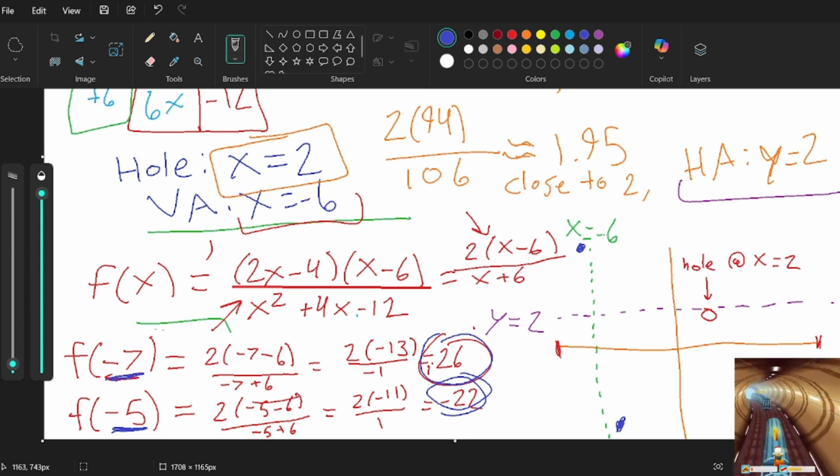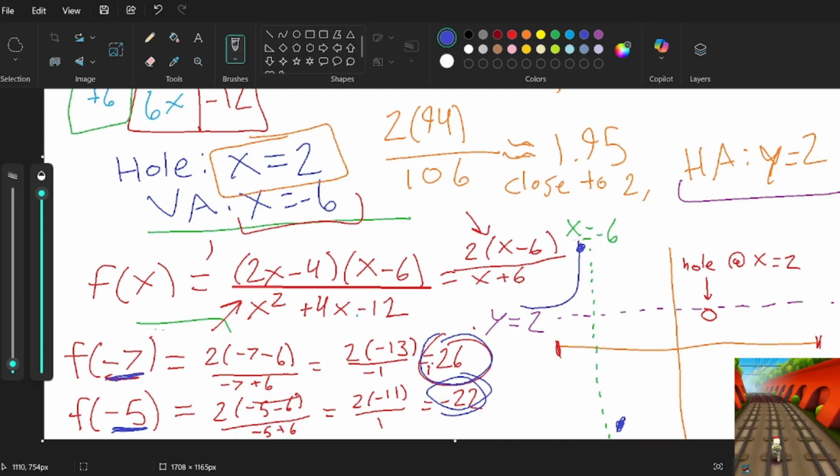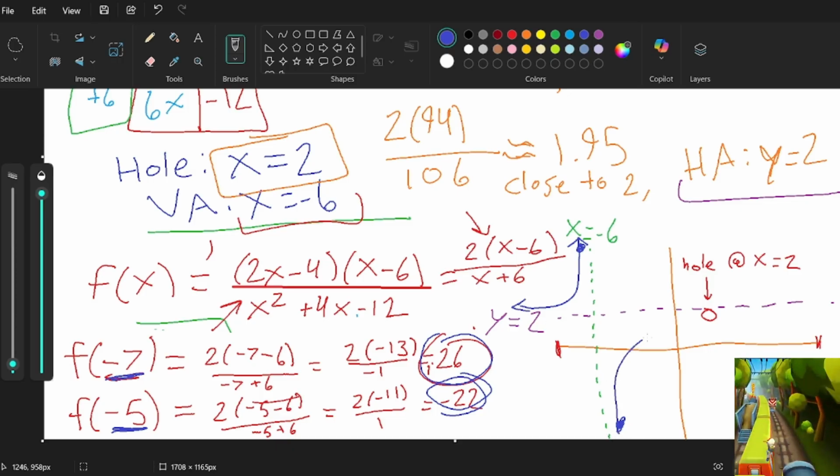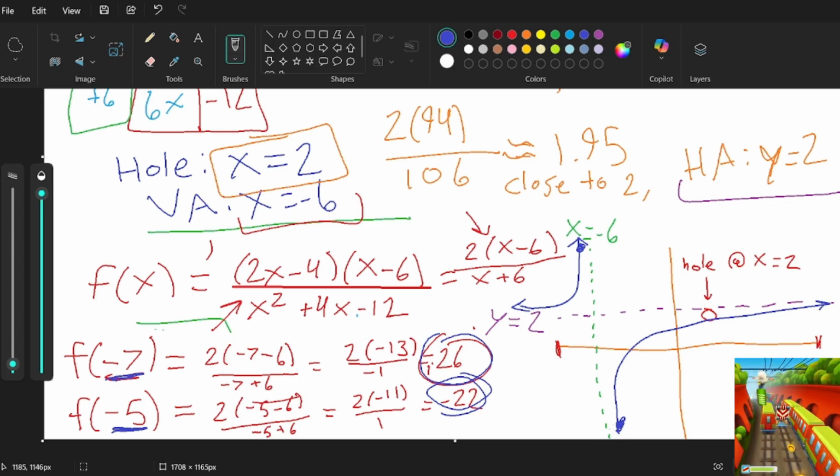So that tells me that my graph is going to look something like this. I know it's not the prettiest.